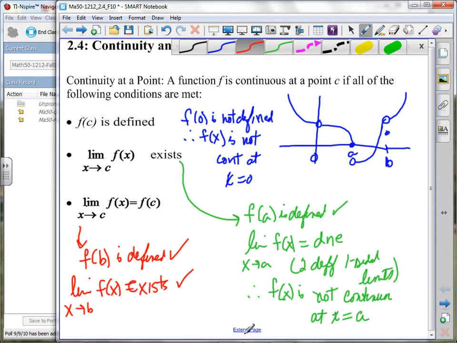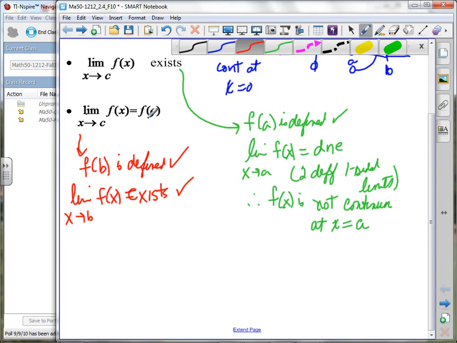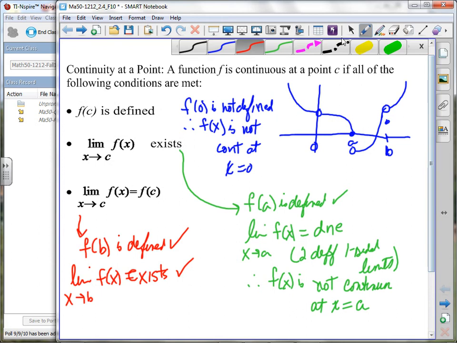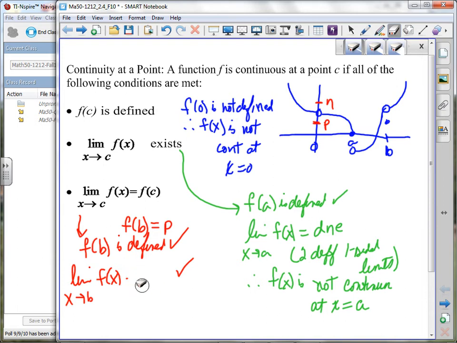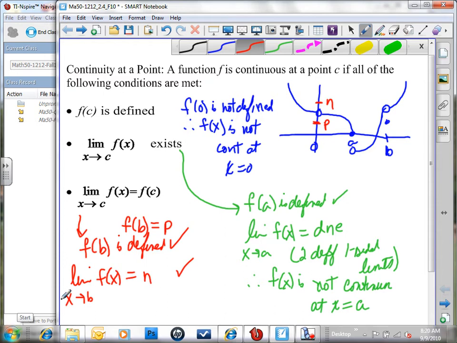Check mark. Now the third criterion comes into play. I guess I do need to put a few values on here. Let's call this n, and we'll call this down here p. So f of b is defined, and we can say that f of b is equal to p. And the limit has a value, n, whatever n and p stand for.